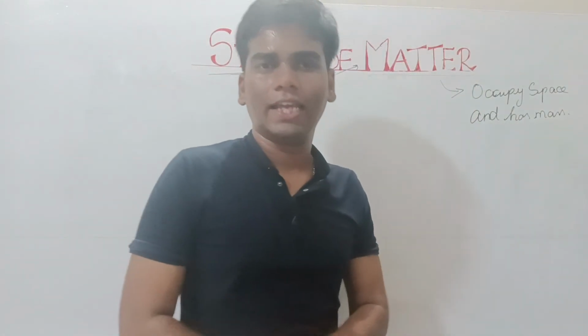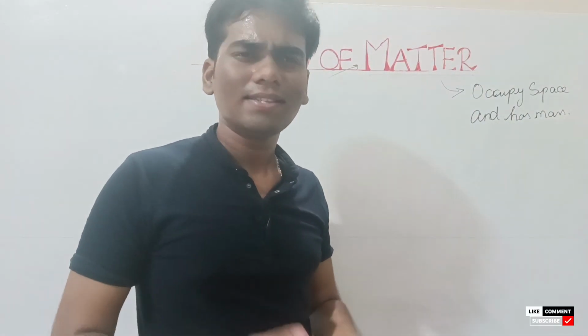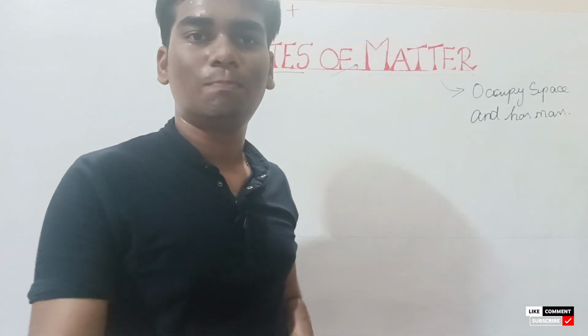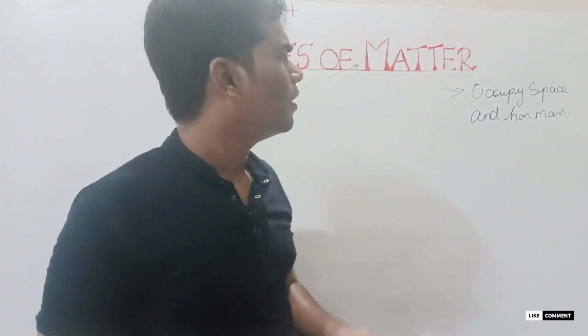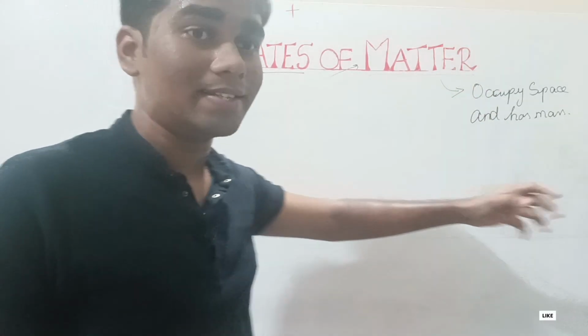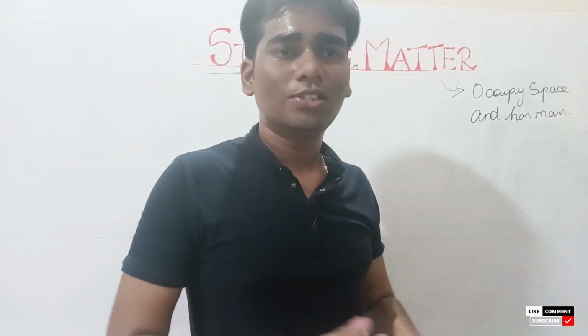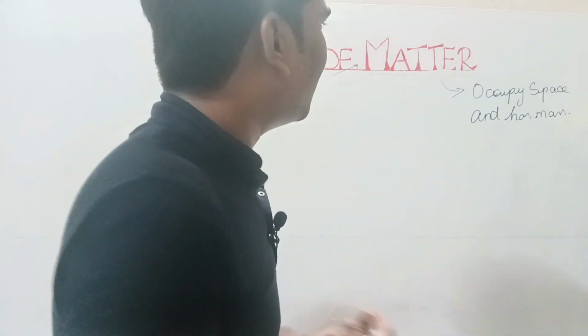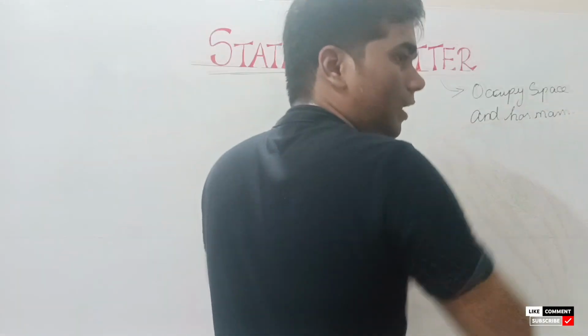This is absolutely correct. But as a student preparing for a competitive exam, your explanation must be somewhat better than a 6th grade student. So, my dear friends, let me make it more clear.